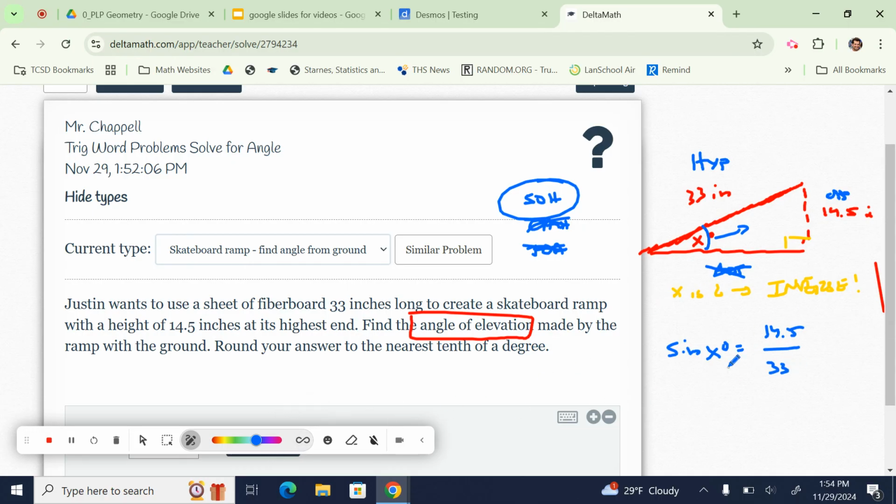Again, it would not make sense to multiply by the denominator. So this is where I'm going to take both sides and I'm going to apply the inverse sine to both sides. What that does is that cancels out the sine to make x, and then over here we're just going to take the inverse sine of 14.5 over 33.